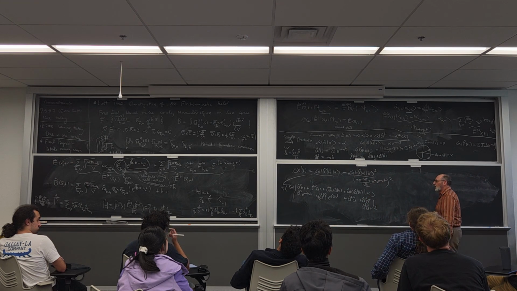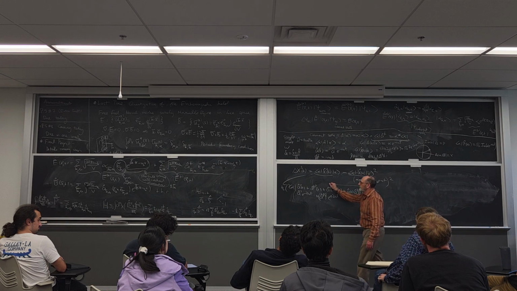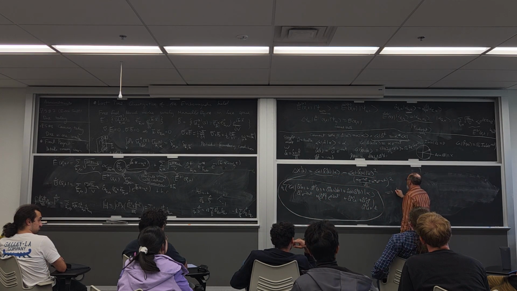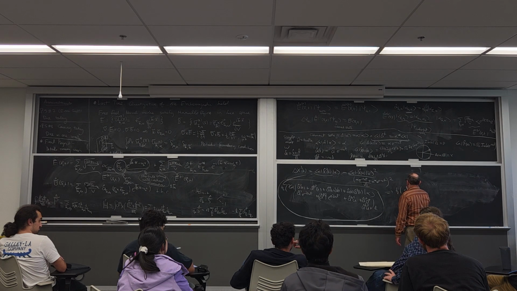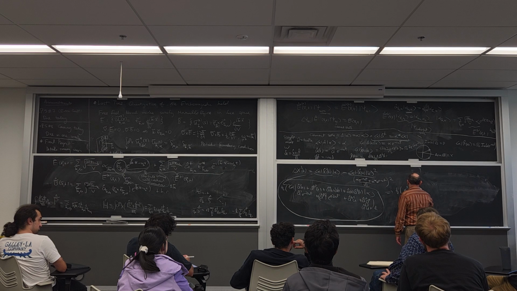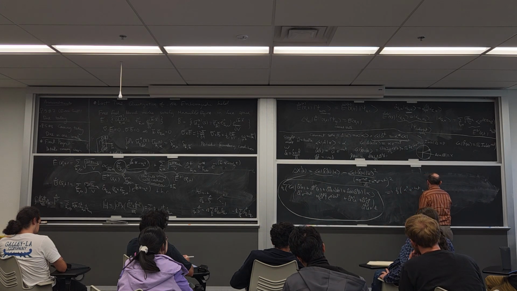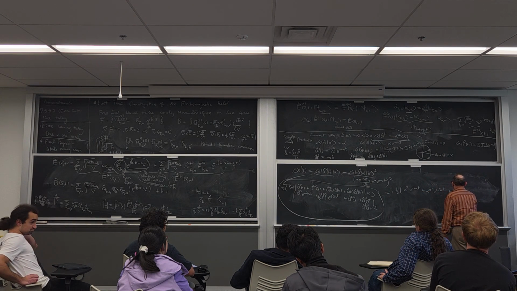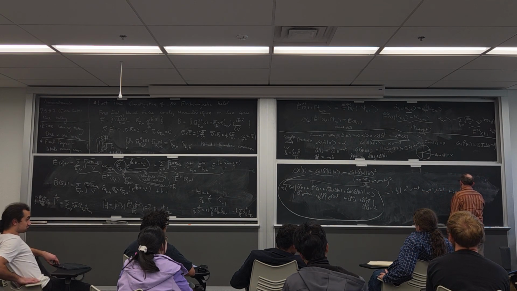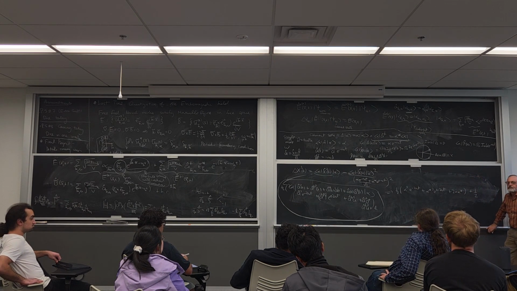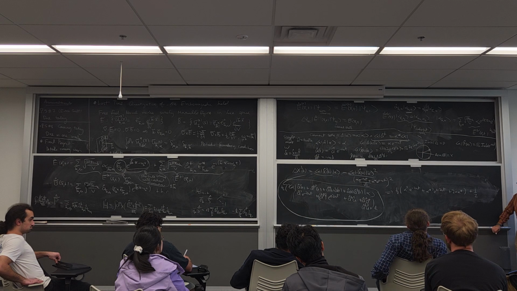Okay? So this thing is equal to a half alpha squared e to the minus 2 i omega t plus alpha star squared e to the plus 2 i omega t plus 2 alpha alpha star plus a half. Right?